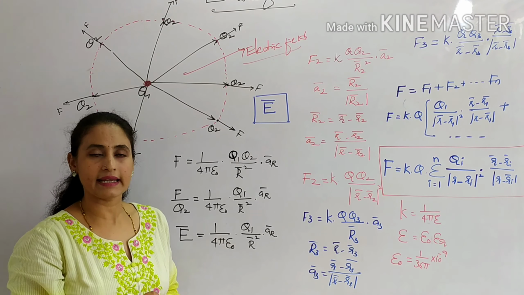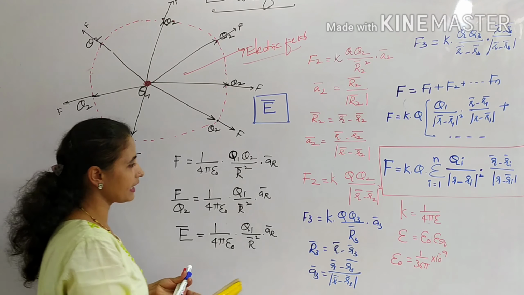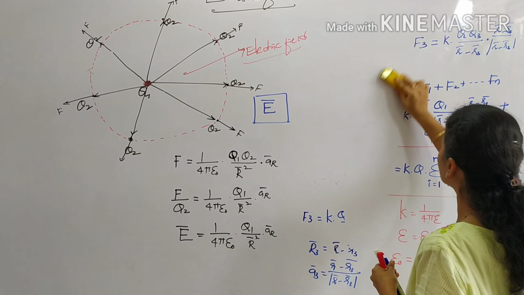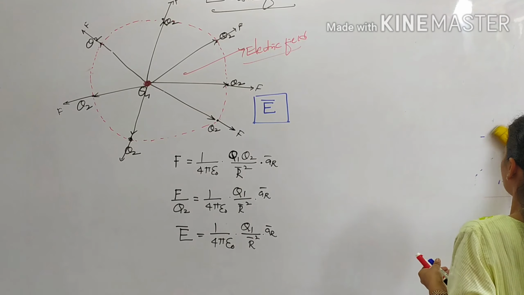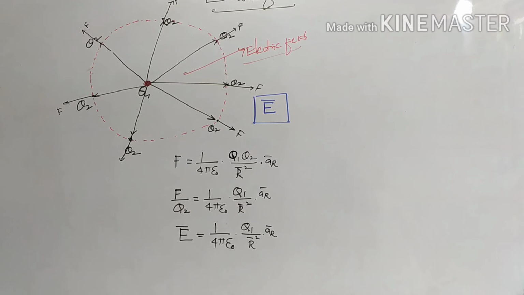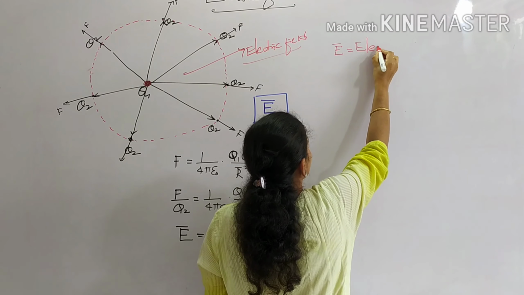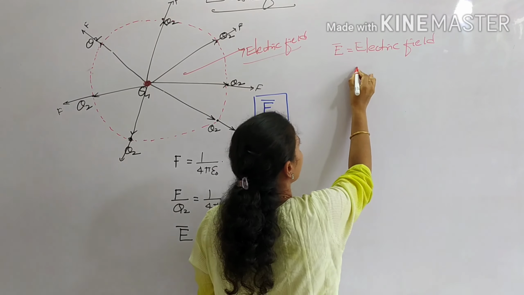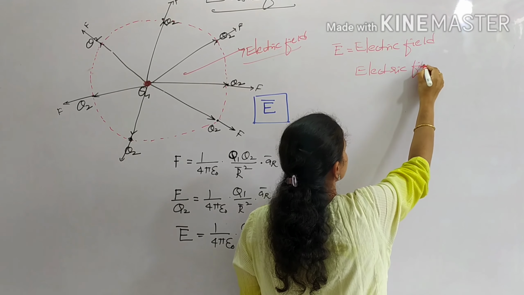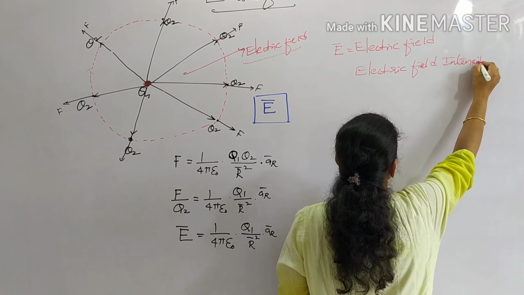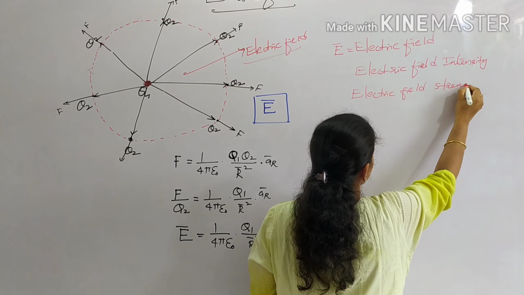E bar indicates the electric field, or electric field intensity, or electric field strength.